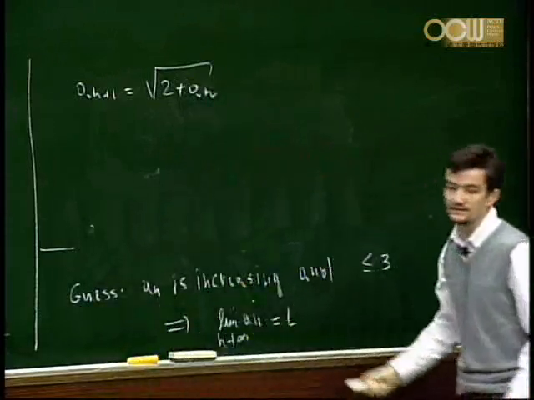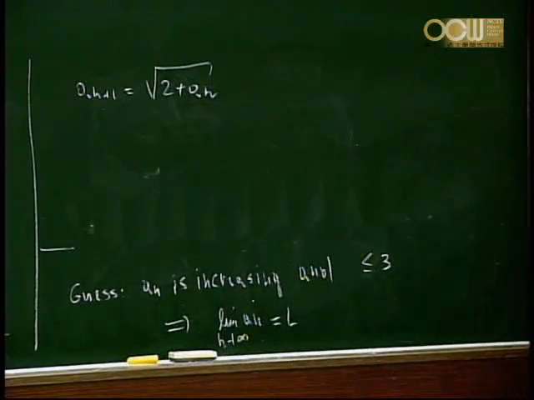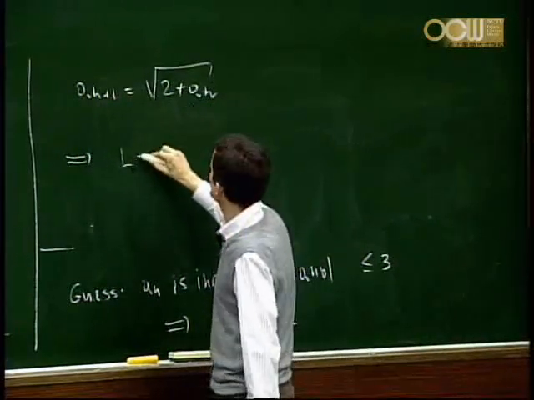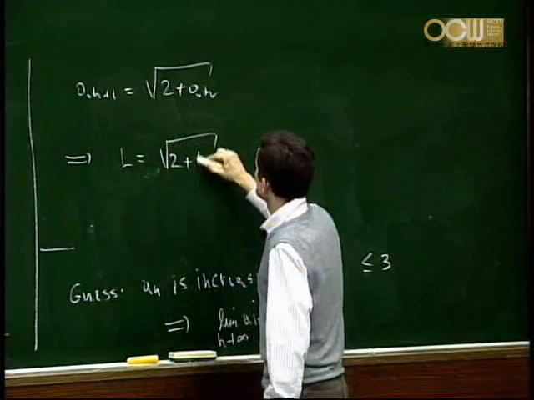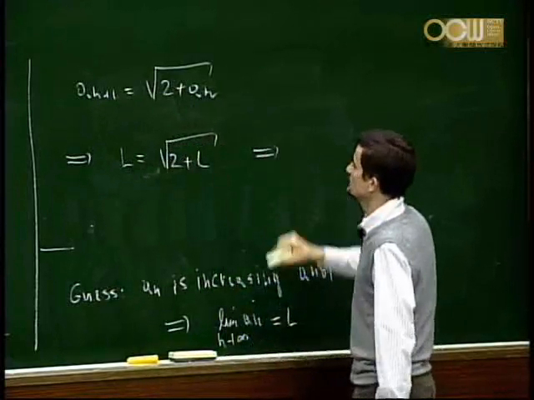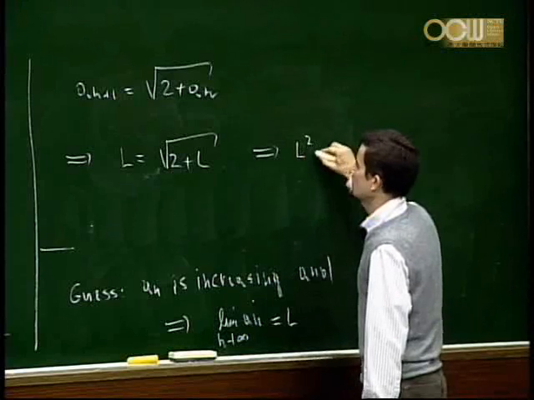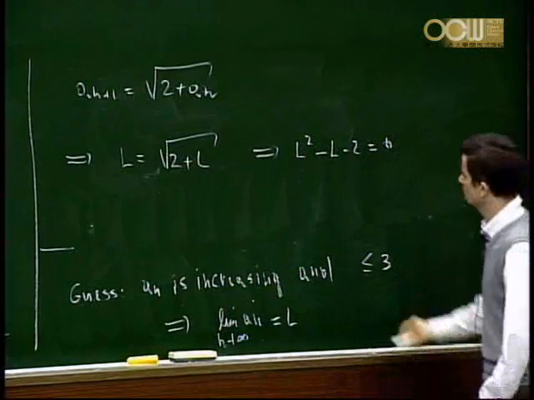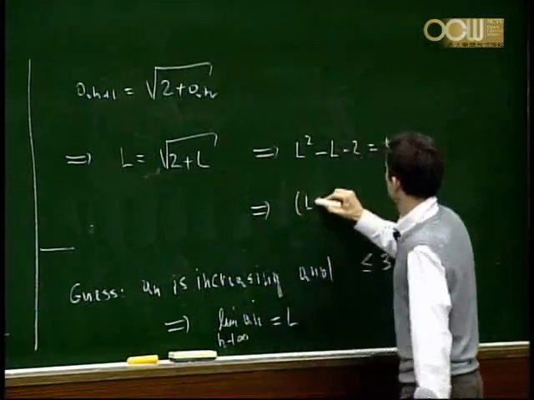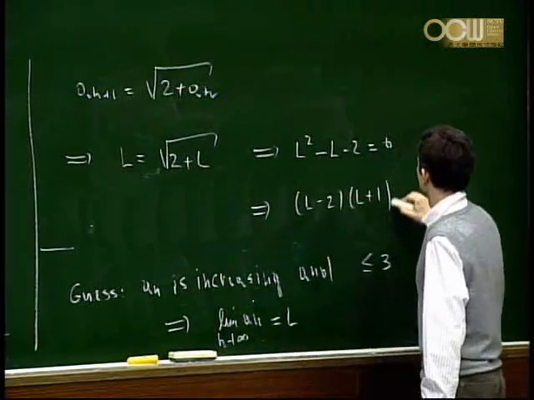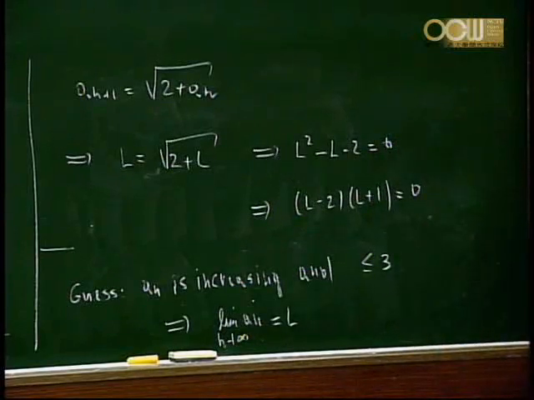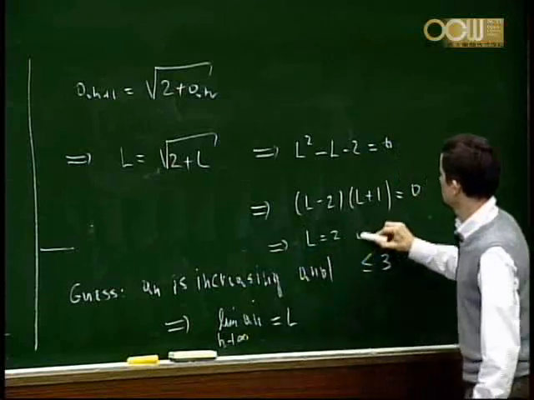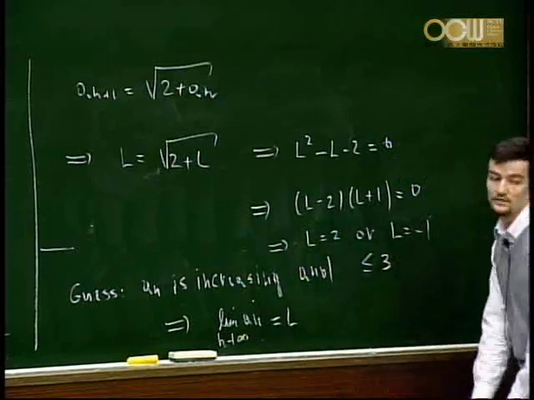Now we know already that the limit exists, so we can take the limit on both sides, and we get that L is equal to the square root of 2 plus L. This is equivalent to L squared minus L minus 2 equal to 0, and this is L minus 2 times L plus 1 equal to 0. From this we get that L is equal to 2, or L is equal to minus 1.